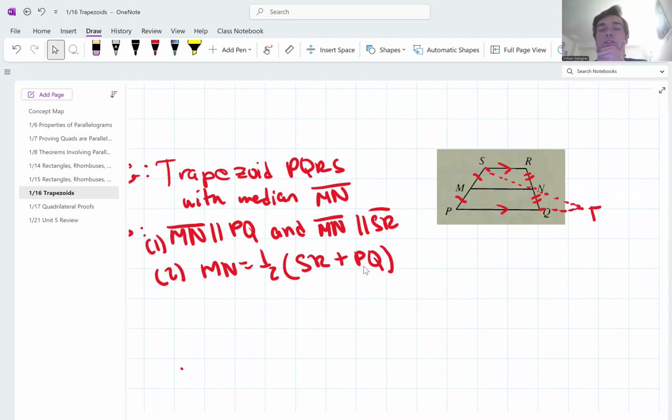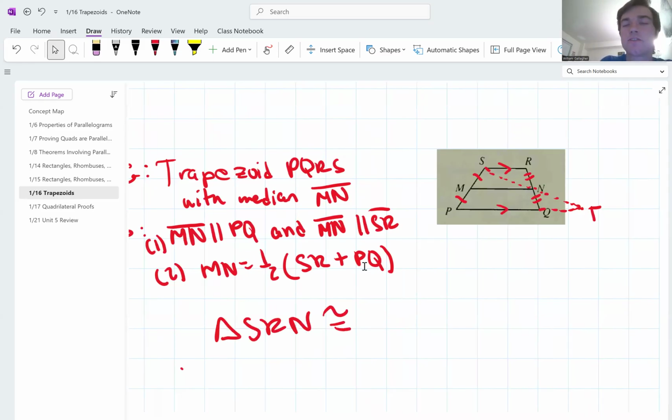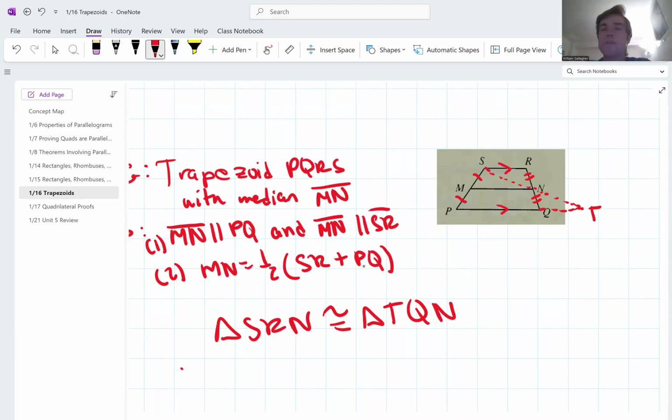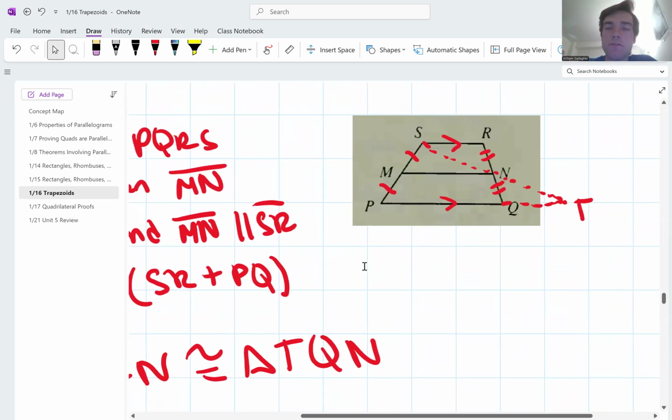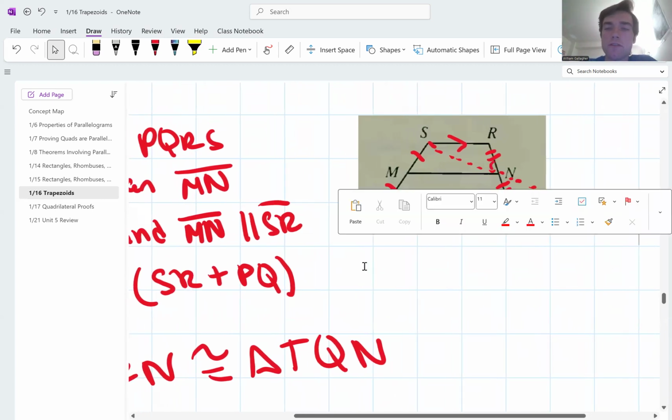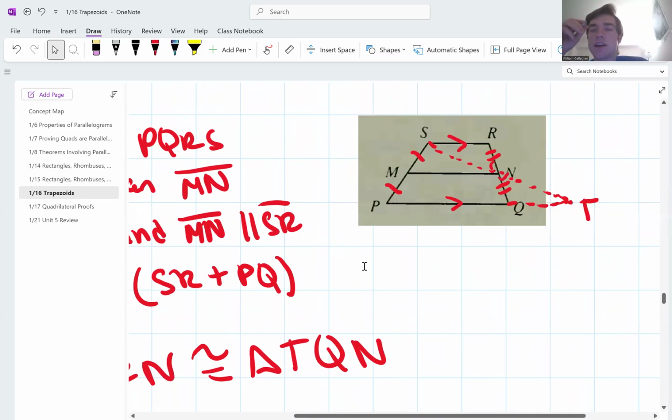We would first really like to show that triangle SRN is congruent to triangle TQN. If you look, we've got a pair of corresponding sides, RN and QN. Then we've got this pair of vertical angles here, so angle SNR is congruent to angle QNT.